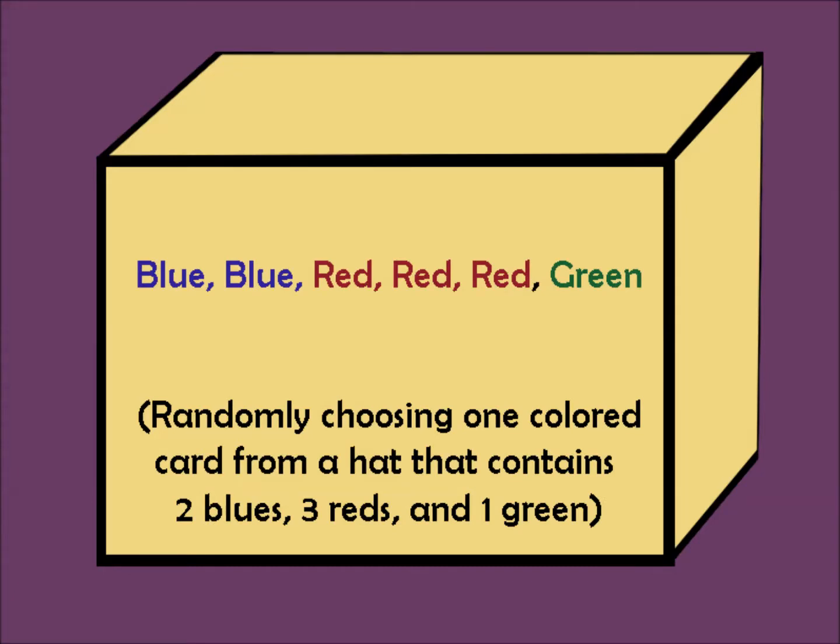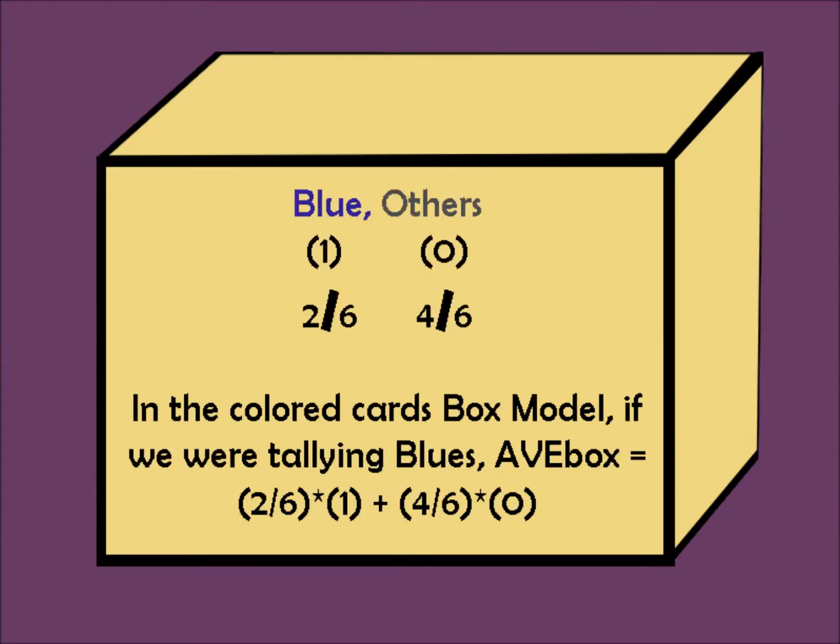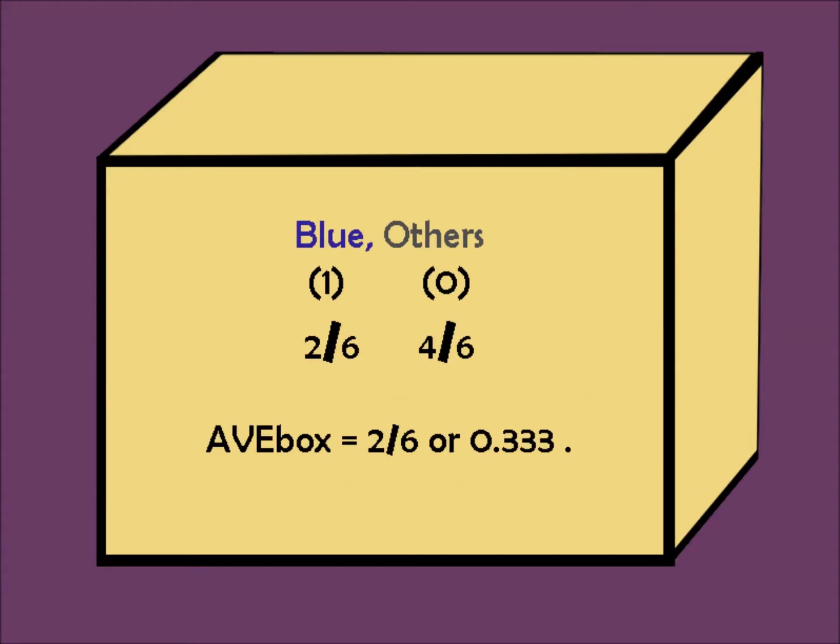Randomly choosing one colored card from a hat that contains 2 blues, 3 reds, and 1 green. Now again, if we were going to tally blues, we would go to the box model as we'd constructed it, and we'd have 2/6 times 1 plus 4/6 times 0, and that would give us an average of the box, which is 2/6 or 0.333.